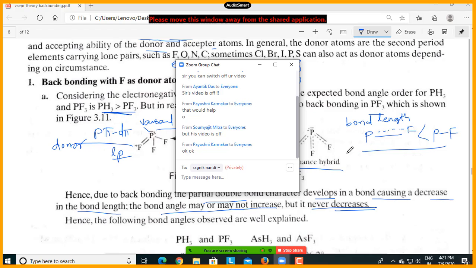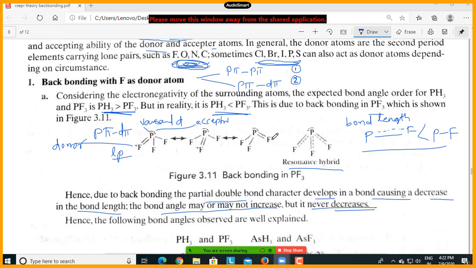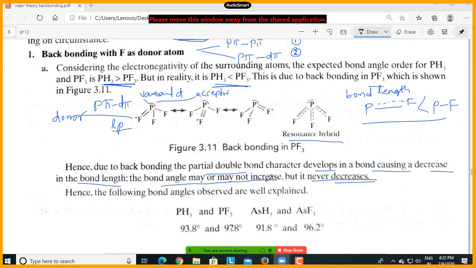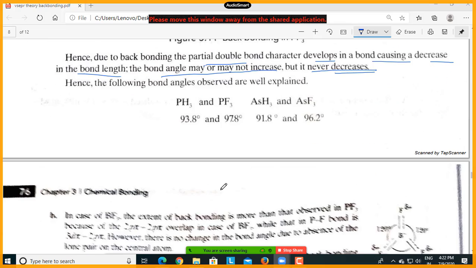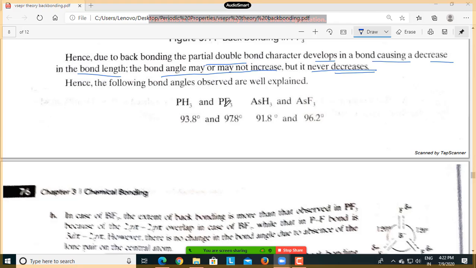Similarly, AsH3 and AsF3, and due to back bonding AsF3. Okay, is that clear?